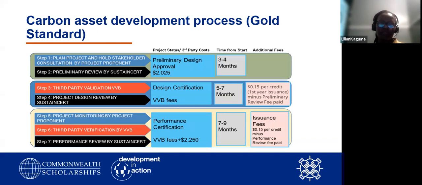We estimate how many tons we anticipate the project will generate, and this forms the basis on which the standard will calculate the design review fee. Once that is done, the project goes through a successful design certification process, meaning that you can now be allowed to monitor the project and start claiming carbon credits from it.